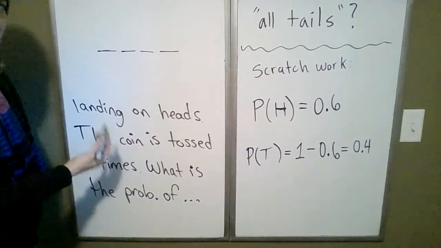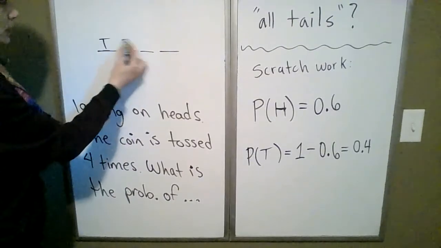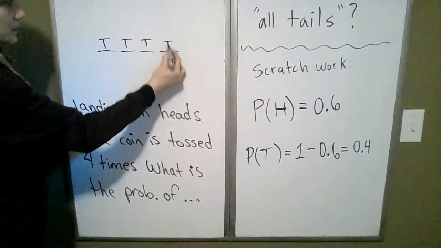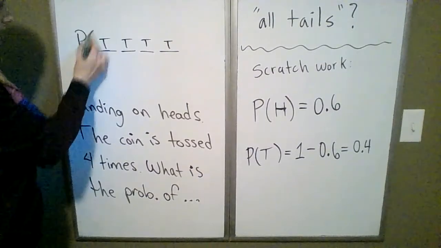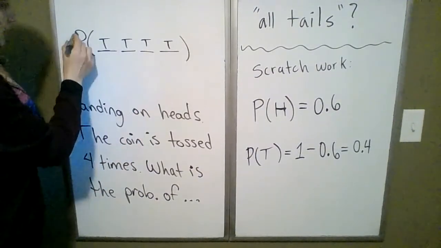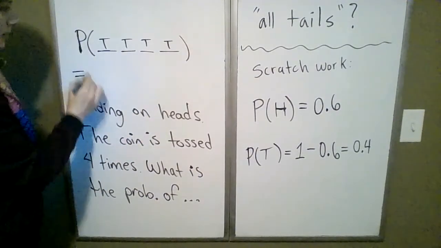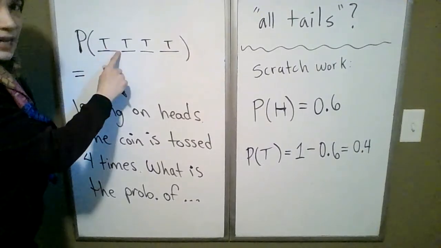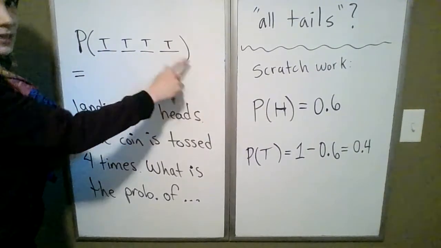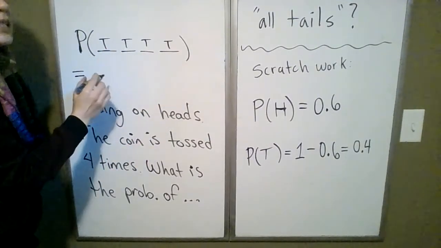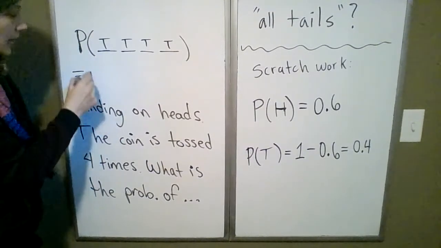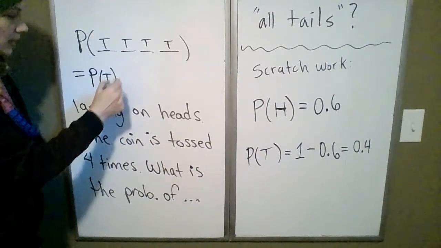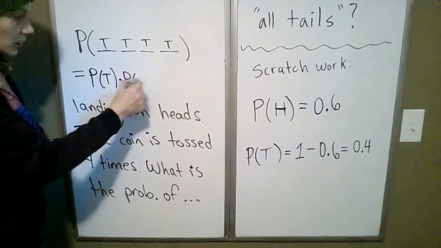I want all tails 4 times. And we want the probability of getting this. Tails and tails and tails and tails. Since each flip is independent of the next, we're going to multiply the probability of tails with itself 4 times.